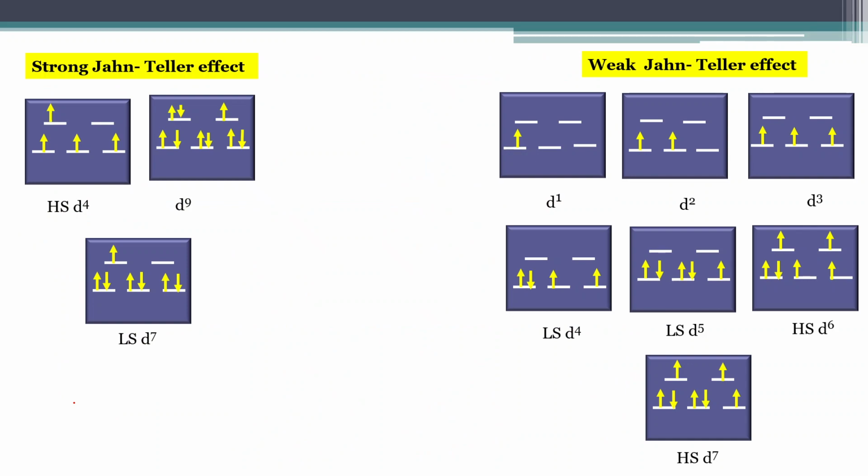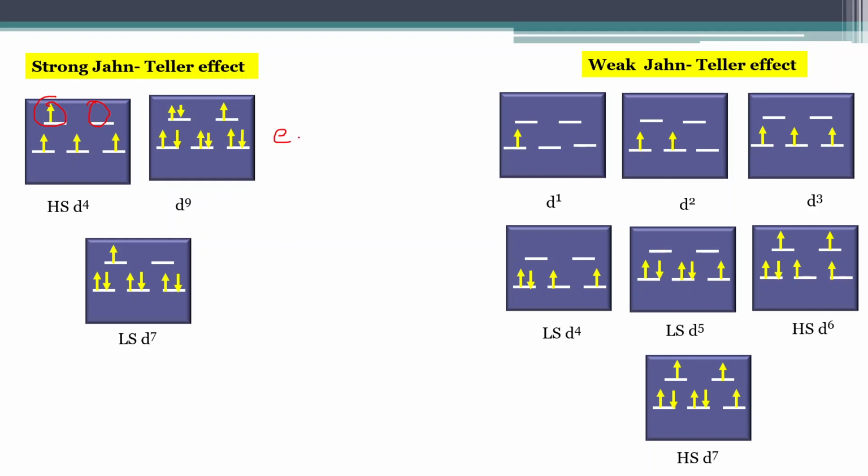And the second portion is in such a manner that Jahn-Teller can be strong Jahn-Teller. If a configuration is showing Jahn-Teller, it can be either weak Jahn-Teller or strong Jahn-Teller. And the condition for strong Jahn-Teller is distortion in the EG orbital.